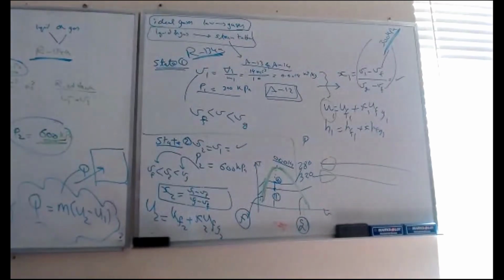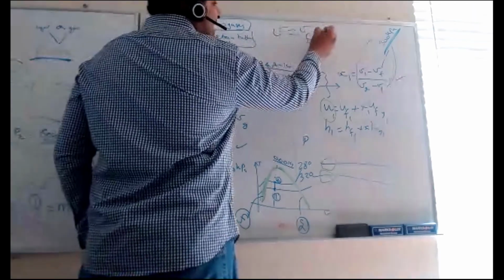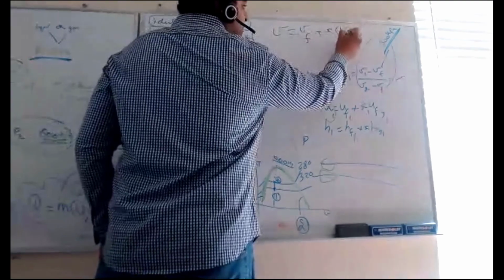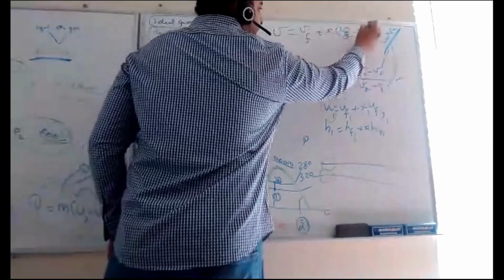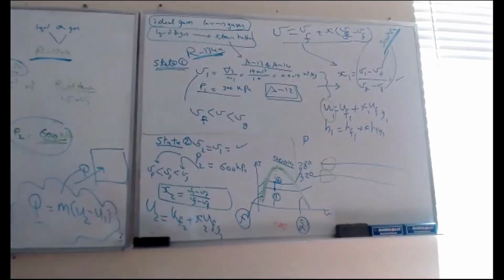It was before that V equals Vf plus X Vfg, which is Vg minus Vf. We rewrite it to get X. In thermodynamics, we always want to see one unknown per equation. If you see two unknowns in one equation, that's wrong. You need to see one unknown per equation.